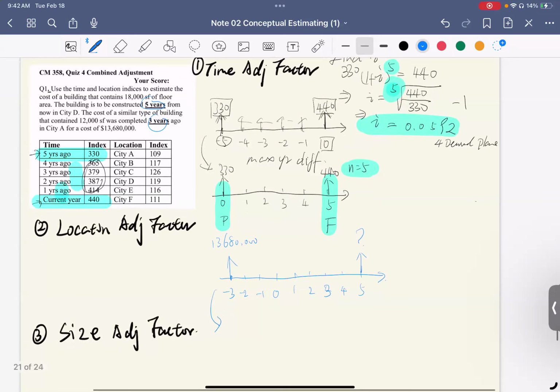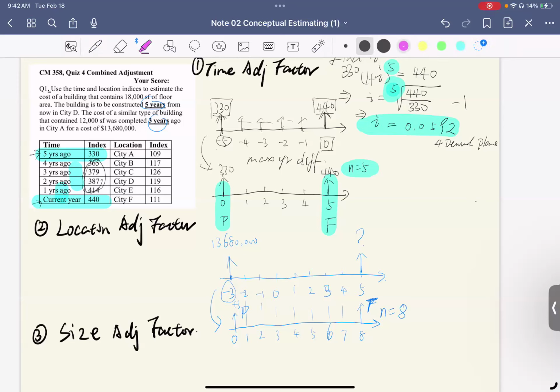Again, we need to convert this into a node diagram. So you change this -3 to +3, you get 0, and then 1, 2, 3, 4, 5, 6, 7, and 8. Here is your future value, and here is your present value. So the year difference here is 8. Any question here? This year difference of 8 is different from the 5 here. Any question?